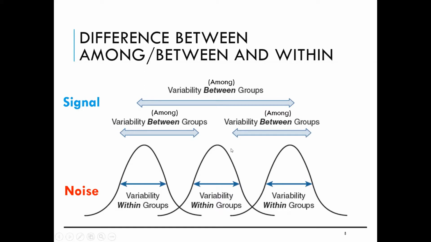Then between each of the groups, say comparing 1 to 2, 1 to 3, and 2 to 3, we have variability between or among those groups. I've listed both of those words here because different programs and different textbooks will say different words, either among or between. So the ANOVA is comparing this signal, this variability between the groups, to the noise or the variability within the groups.